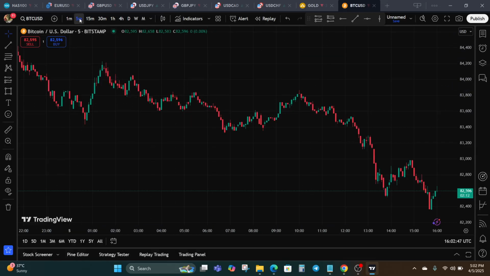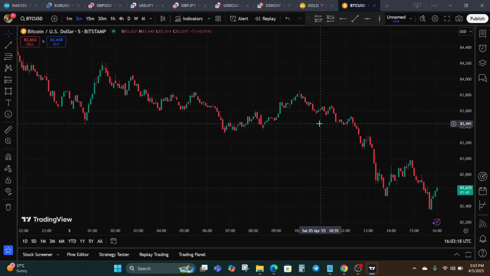Why the 5-minute chart? Well, the 5-minute time frame is ideal for traders who want to catch quick price movements in the market. Unlike longer time frames where trends develop slowly, the 5-minute chart offers fast opportunities for traders to enter and exit positions.